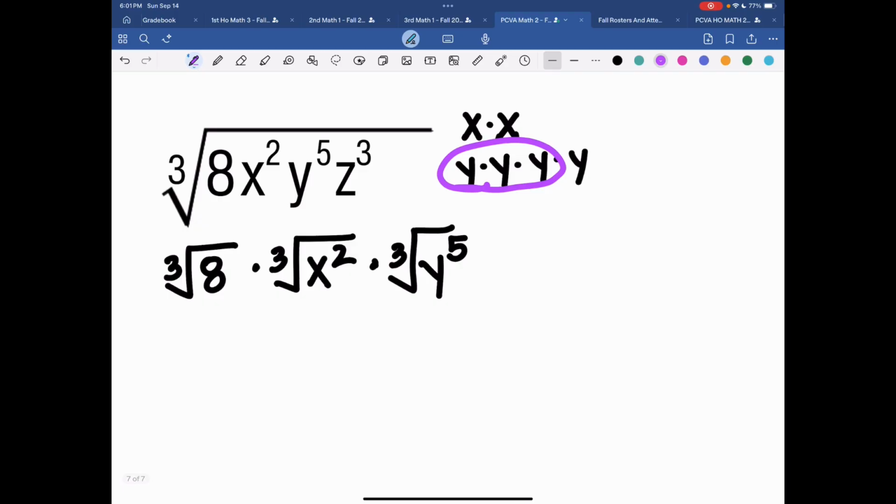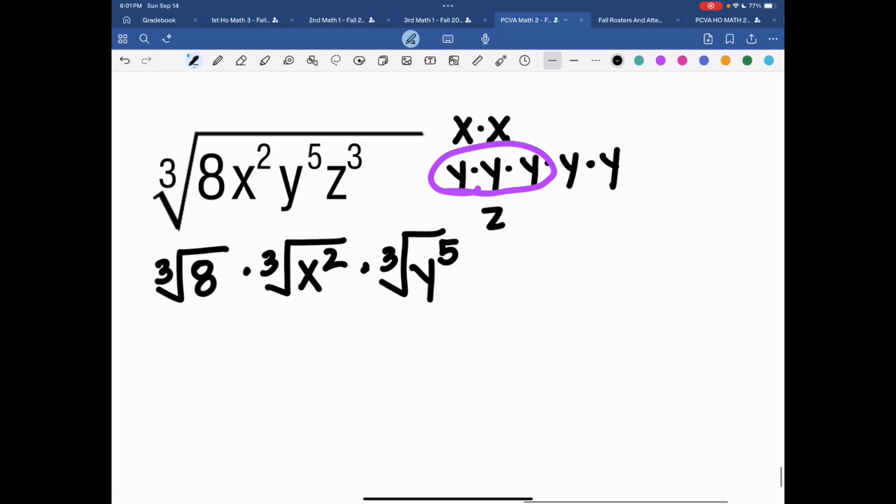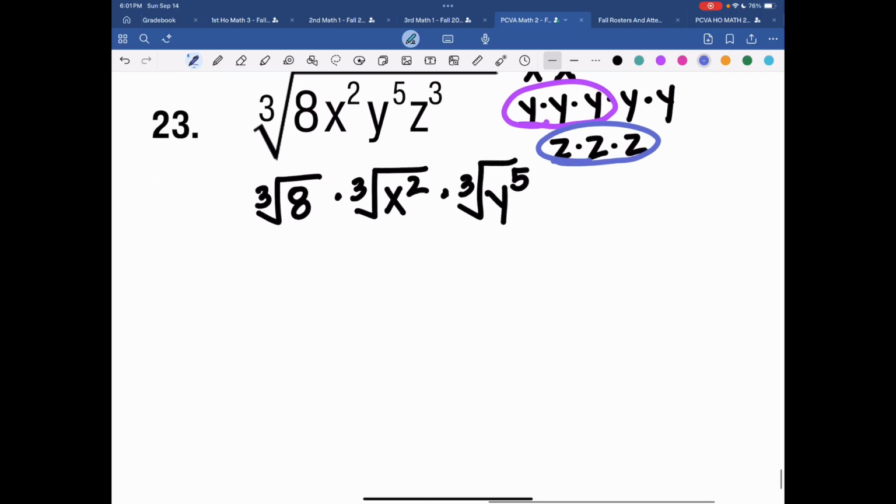And then for my z's, I have one group of those, and I'll have no z's left. So when I simplify this, this is going to be 2. The x's are going to stay the same because we could not do anything with them with the groups of 3, with the root of 3.